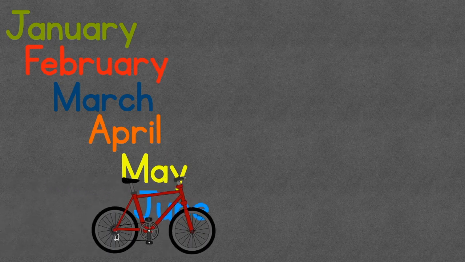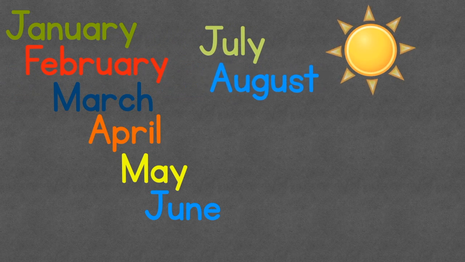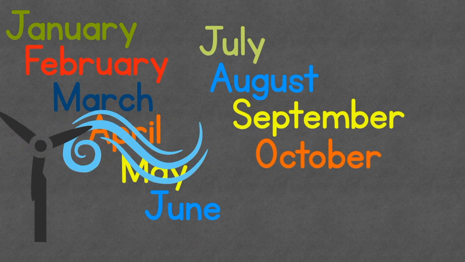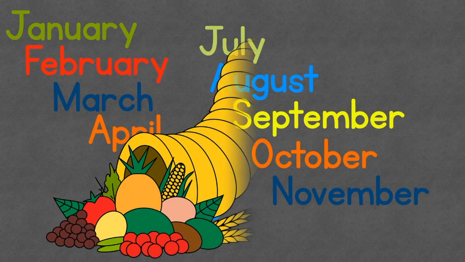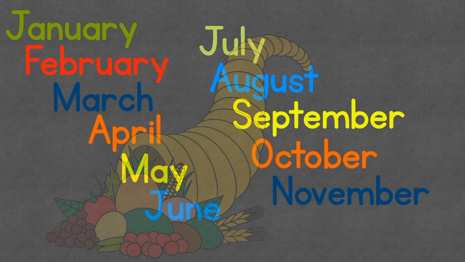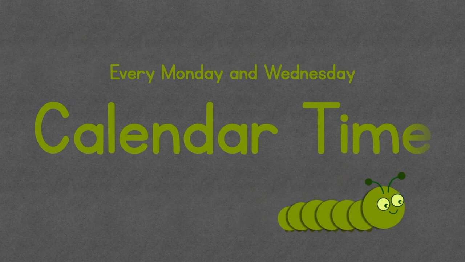Now it's May and June, and we're having fun. July and August, we're soaking up the sun. Autumn breeze in September and October too. November, remember thankfulness, and December. The year is through. It's calendar time.